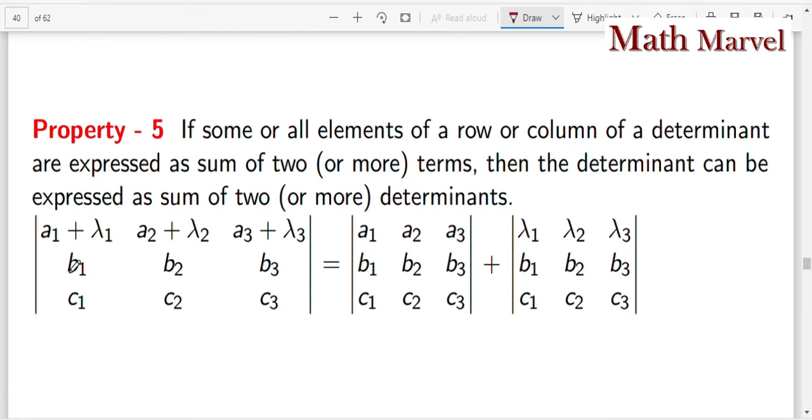So here we can write a1, a2, a3 as the first row. These two rows remain as they are, plus lambda 1, lambda 2, lambda 3 written as the first row and second and third rows written as they are. So this type of form we can represent using summation of two determinants.